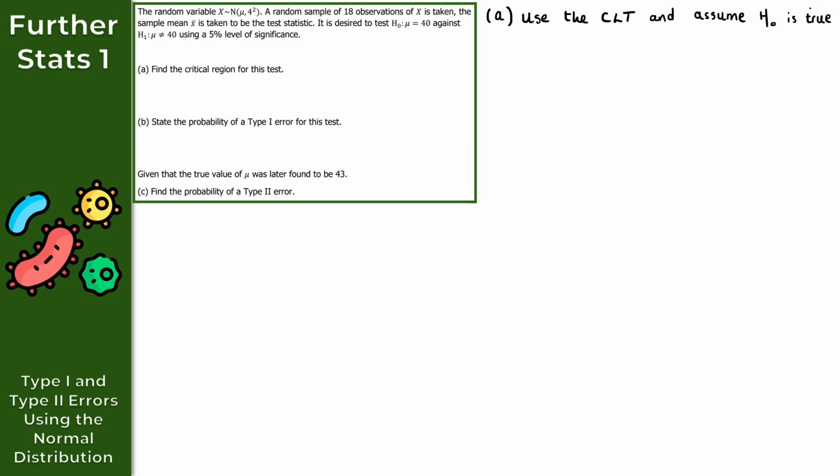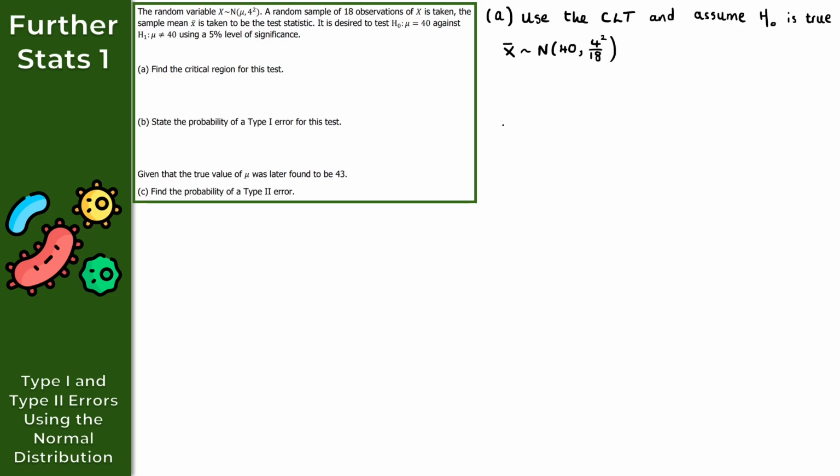Putting all of this together, we get that x bar will also follow a normal distribution with the following parameters. So we get 40 here because we assumed H0 is true, and then we get 4 squared divided by the sample size, so 4 squared divided by my sample size of 18.